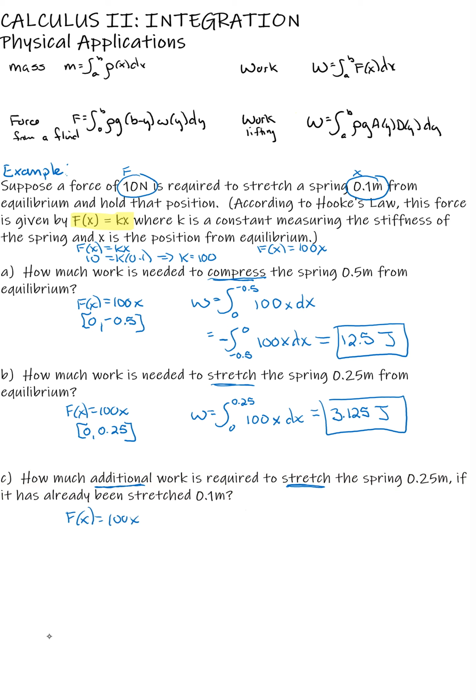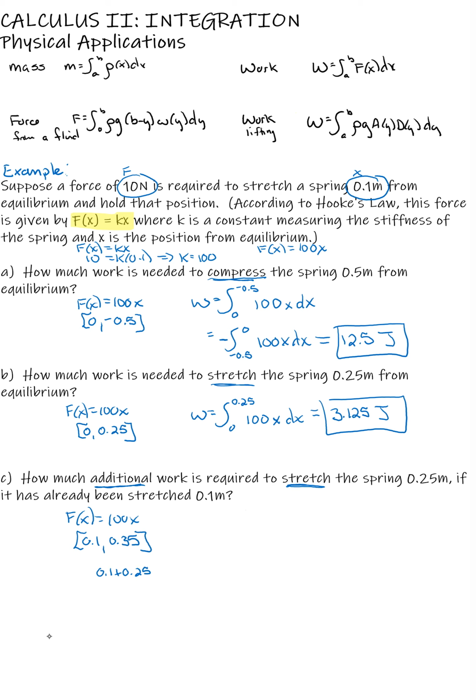F of x is 100x. But now it's already been stretched 1/10 of a meter, so we're going to start at 1/10 and we're going to stretch it an additional 25/100. So the place we're going to end is going to be that 1/10 plus the 25/100, so we actually end at 35/100. So be careful with that.